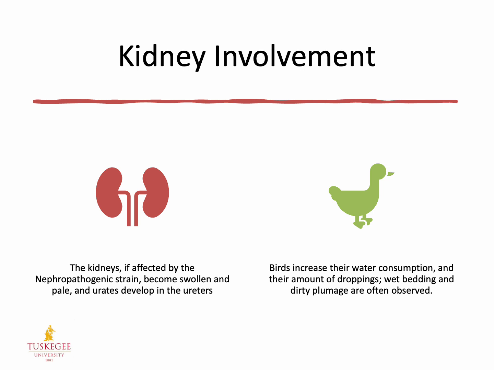In a situation where we have this strain migrating to the kidneys, you would have a swollen, pale kidney, and you can see urate deposits in the ureters. Because of this, birds would increase their water consumption and the amount of droppings, which would definitely lead to wet beddings and dirty plumage.